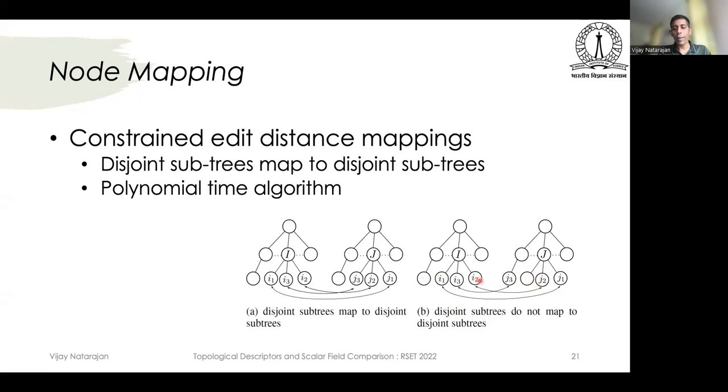So J3 belongs to a different subtree, right? Whereas I1, I2, I3 belong to the same subtree. So this mapping is not legal in our constraint setting. So after incorporating this constraint, we get a polynomial time algorithm. So this constraint is both meaningful, and it also allows us to compute the mapping in polynomial time.